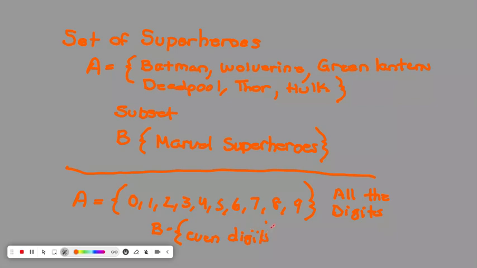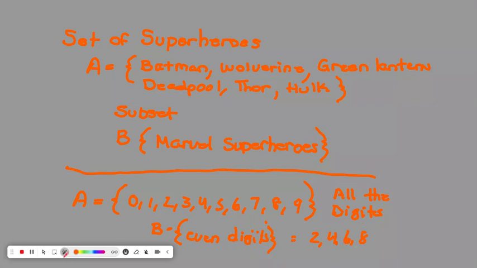Because all the even digits are in A. So if we want to define that, we'll start with 2, 4, 6, 8. So all the even digits. Remember, 0 is not odd or even. So we have our set and we have our subset.